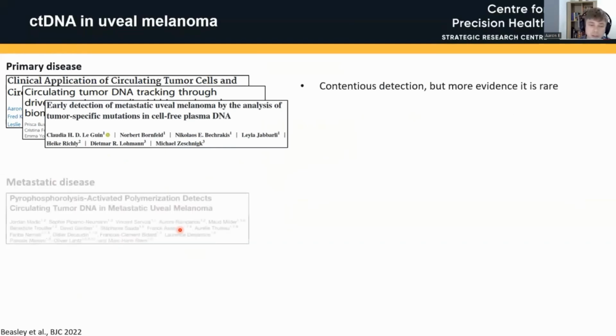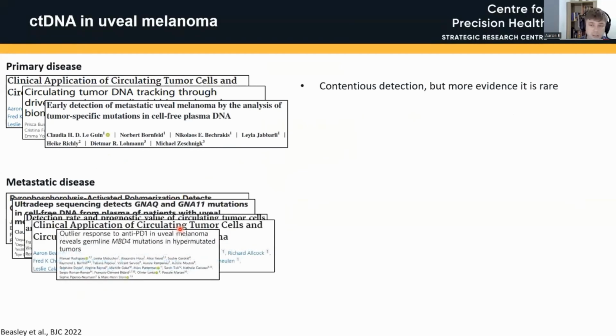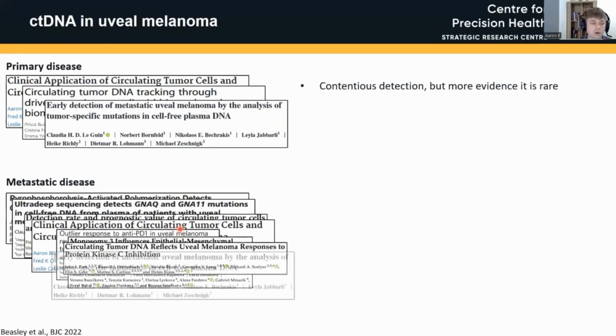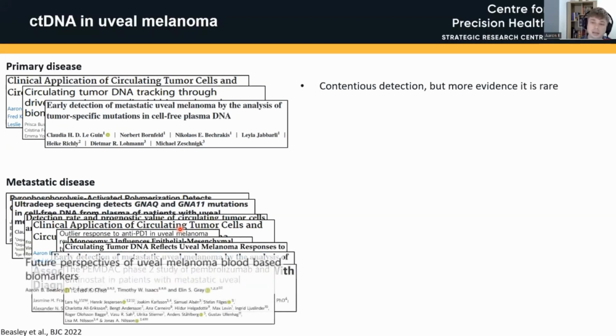Most of the research has gone into the metastatic disease, and this is because at the metastatic time point, ctDNA is much more detectable. And what all of the studies have shown is that the levels of circulating tumor DNA are associated with poor outcomes and high disease burden. So the more ctDNA you have, the worse your outcomes are. And we have summarized most of the literature in our recently published paper.